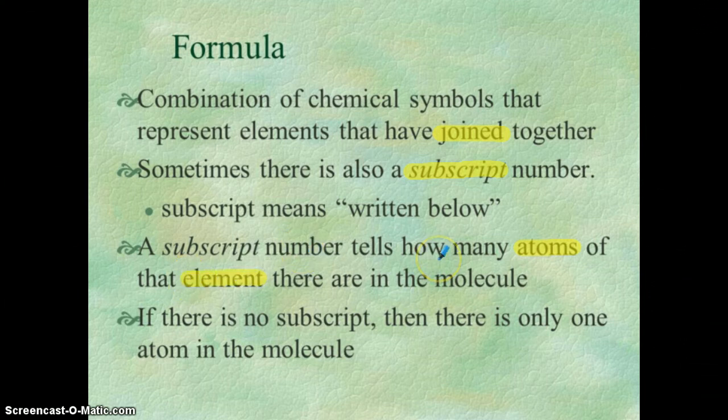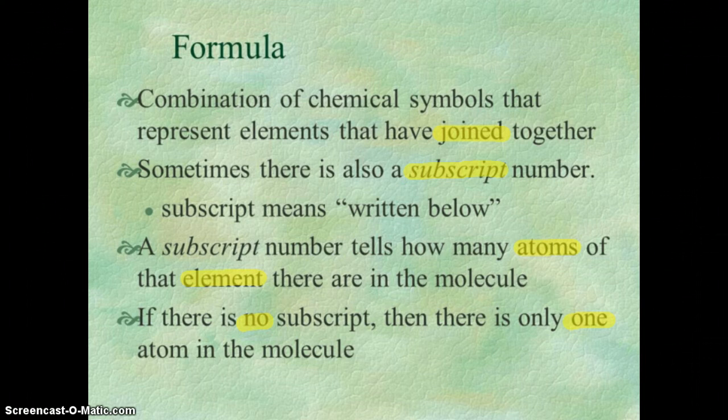We also know that if there is no subscript at all, that means there is one atom of the element. We'll do an example of that in a minute. So if you see a subscript, it tells you how many atoms of that element there are. And if there's no subscript, only an element, then there's just one.